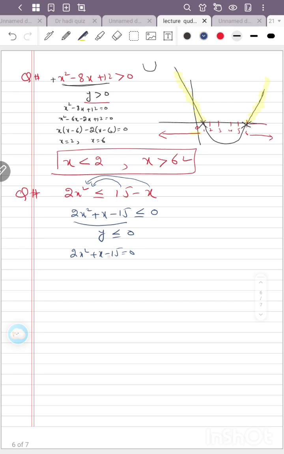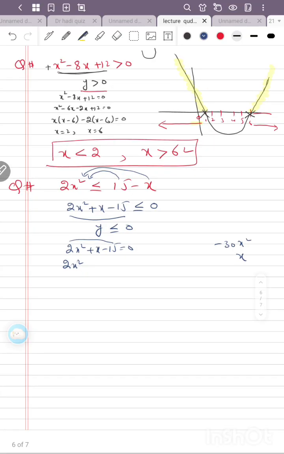We have to make its midterm break. How do we make it? 2 and 15 multiplied give minus 30 x square, and for x we need two numbers whose product is minus 30 and whose difference is 1x. So these two numbers are 6 and 5.